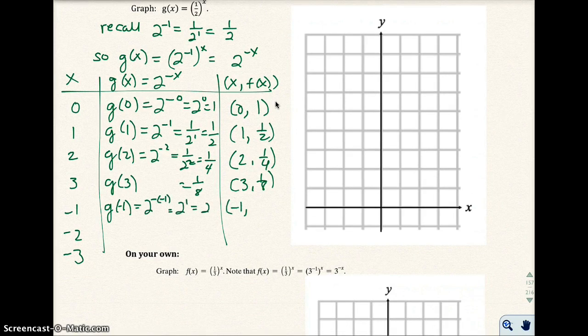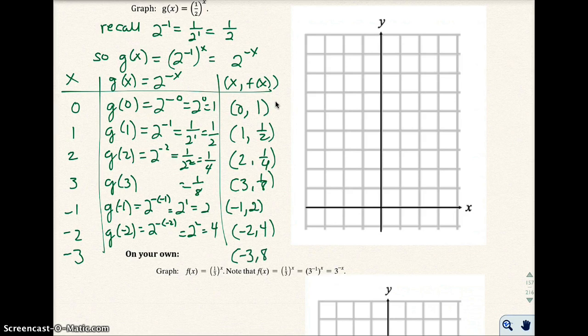The negative 1 will be 2. And if I do negative 3, I get negative 3, 8.